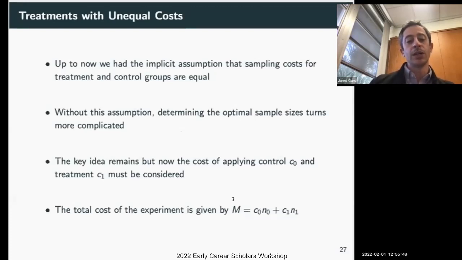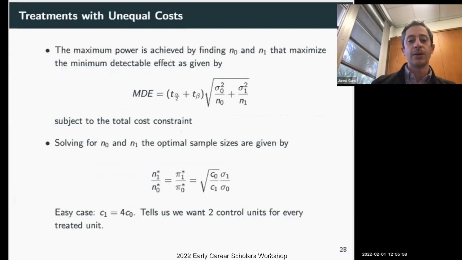And so we're going to go back to the MDE equation, and we're going to include this as a constraint, and then try to find the values to solve for how to allocate our treatment and control under these cost conditions. So we go back with these different MDEs with the potentially different sample sizes and try to solve for the allocation to treatment that minimizes the MDE subject to the cost constraint.